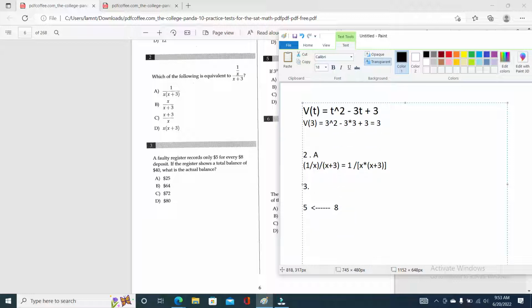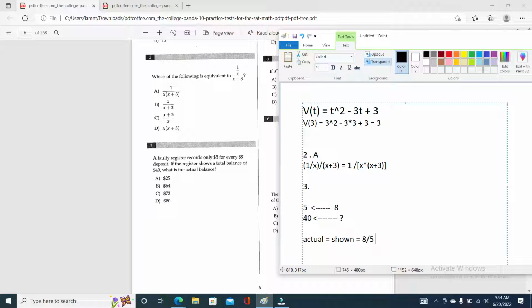If the register shows a total balance of 40, it means it shows 40 here. They ask us for the actual balance, which is the original amount. So the ratio of the actual over what is shown is 8 over 5.